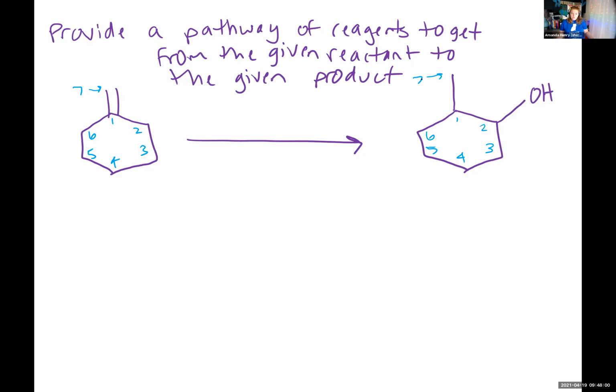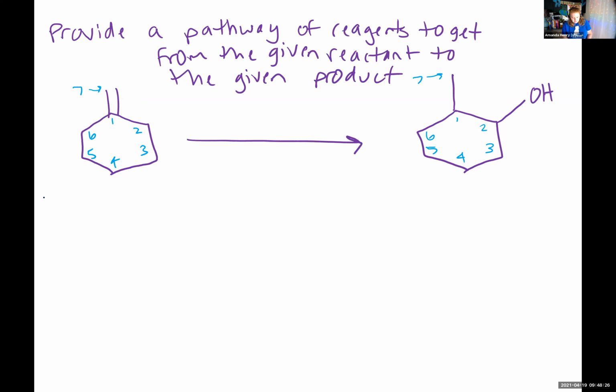And we're not. What we see though is that in our reactant, we have a double bond between carbons 1 and 7. Now, how you number those does not matter. You're numbering them for yourself so that you can keep track of everybody. So I would suggest numbering the reactant and the product in the same way. But where you start, where you end, whether you use numbers or letters, does not matter.